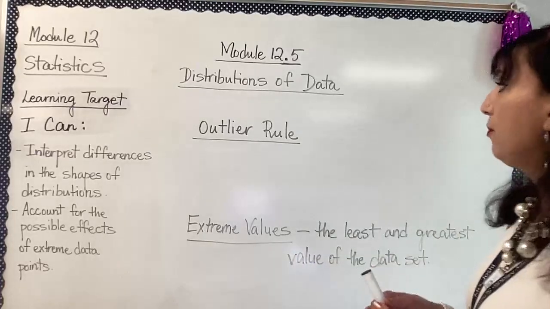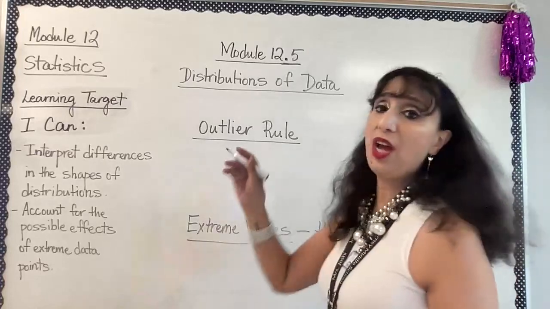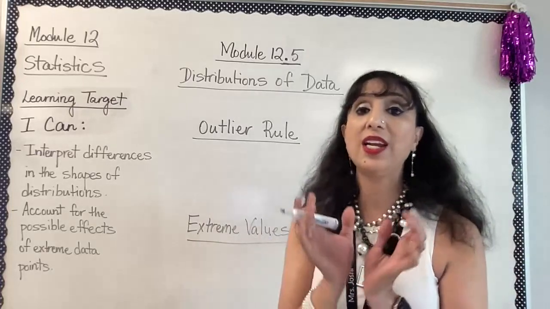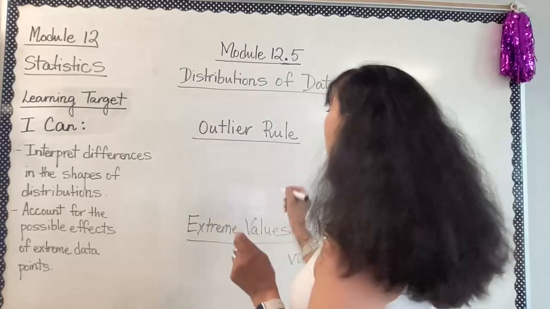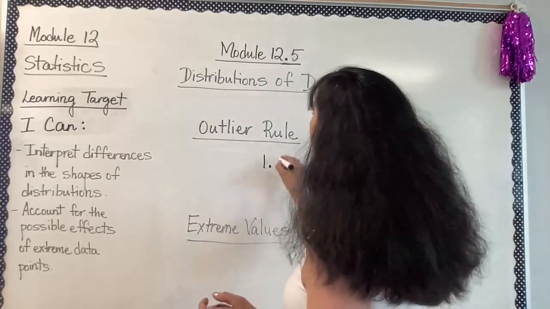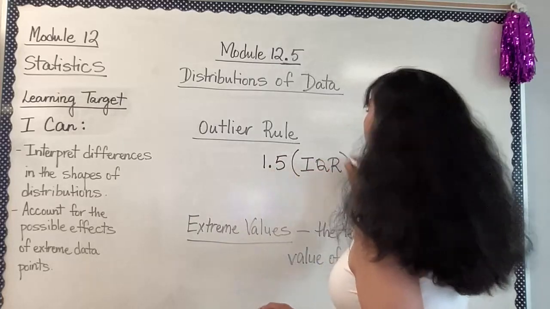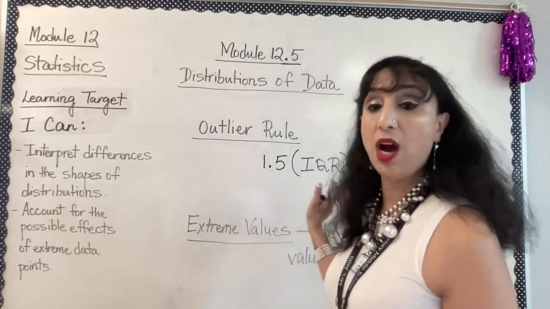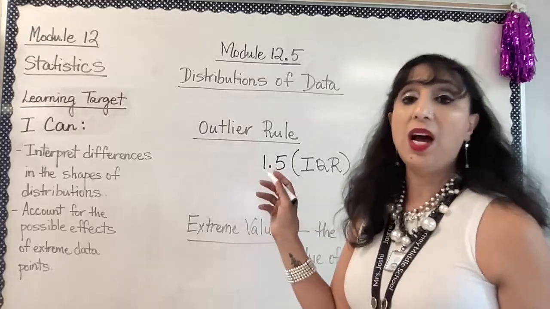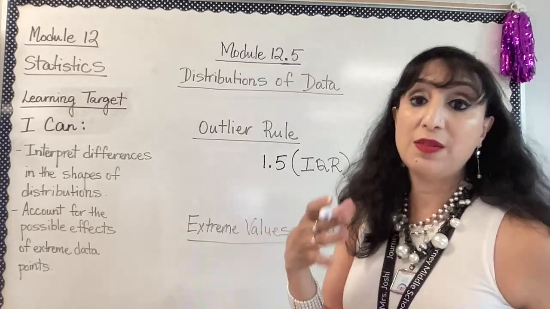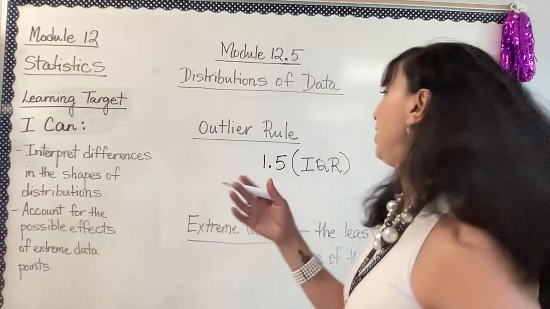So an outlier is always calculated. First, you have to find out the interquartile range. And then you have to do 1.5 times the IQR to find out if a number is much bigger than the rest of the data set.